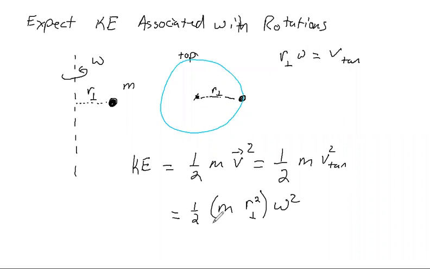All right, if you haven't watched the video on moments of inertia, this will just look like some random expression. But if you have, hopefully you can recognize the mass times the radius perpendicular squared as in fact the moment of inertia of a point mass. And so we get an equation, at least for a point mass.